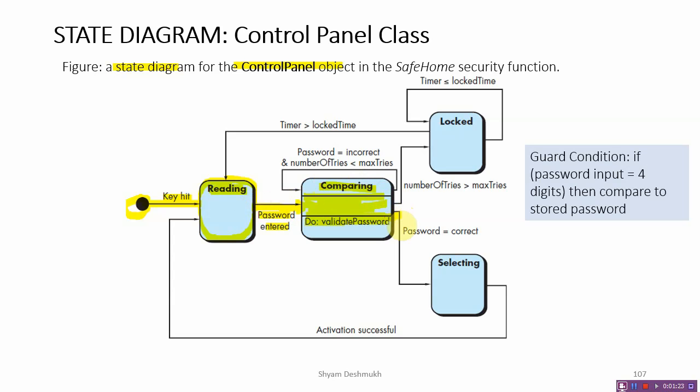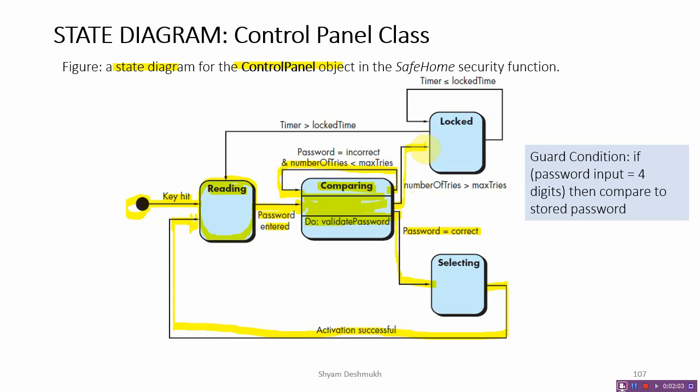In the comparing state, if the password is correct, then it moves to the select state, and then a particular camera will be activated. If the password is incorrect and the number of tries is less than the maximum number of tries, it will again enter the same state, until the number of tries equals the maximum tries.